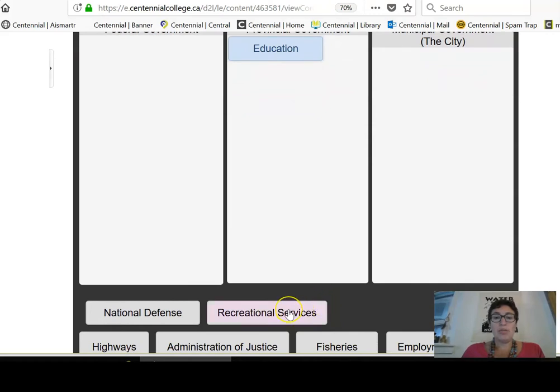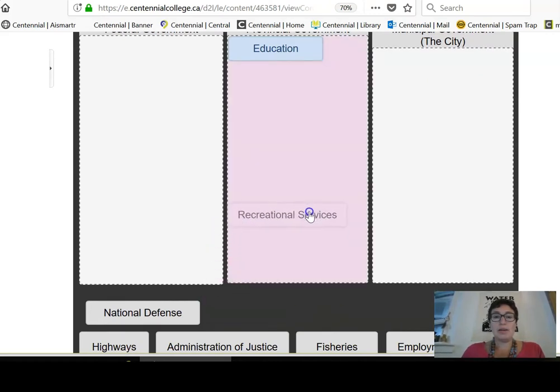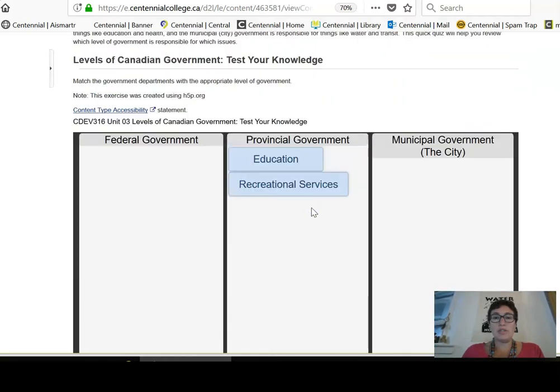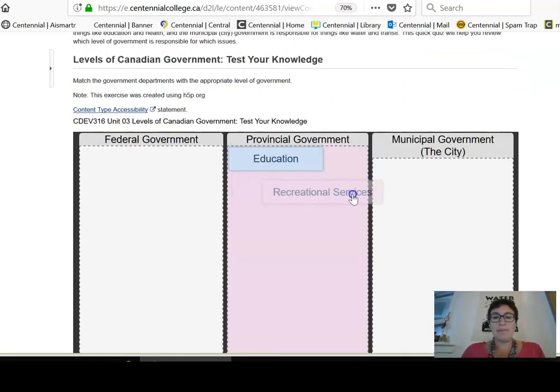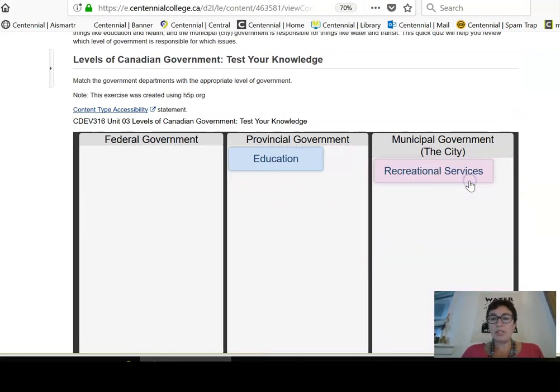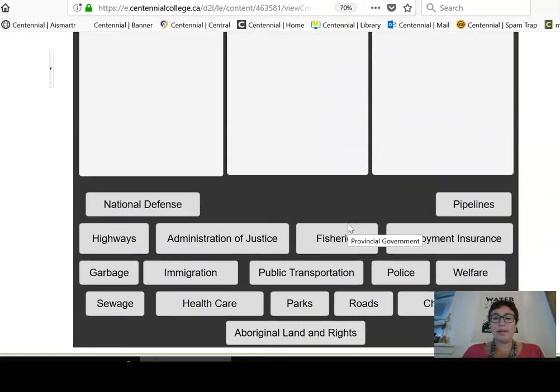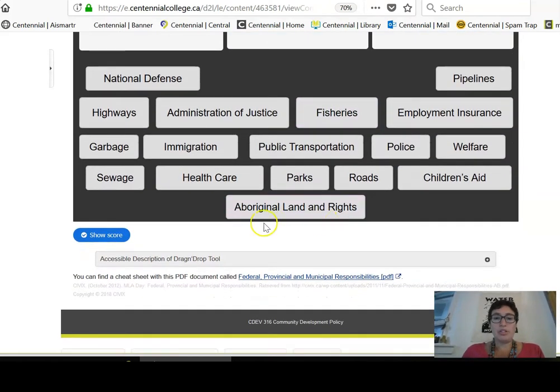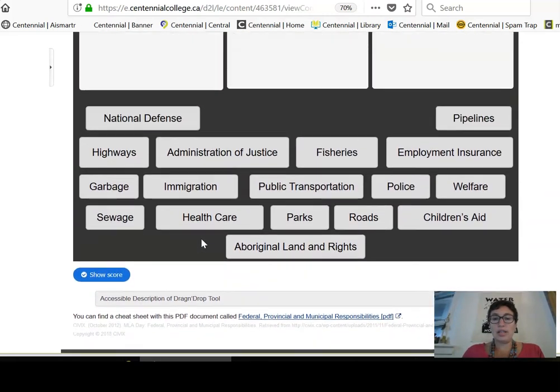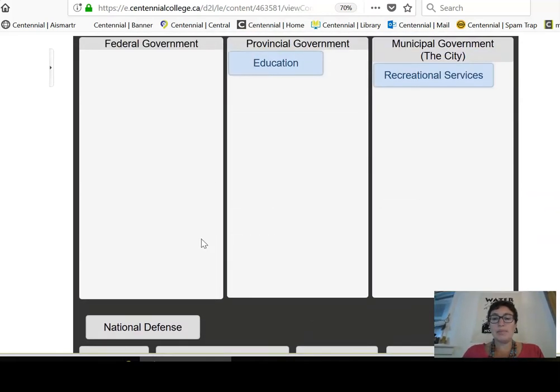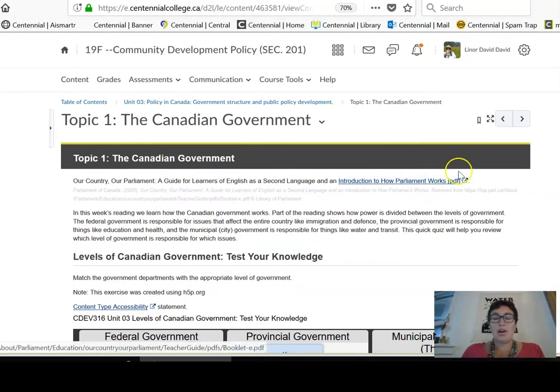So say you are thinking about recreational services, and you think, oh, maybe it's the Ontario government who does recreational services. No, it's the municipal government who does recreational services, and then you'd be right. So once you're done doing that, you'll show the score and you'll see how you did on learning the responsibilities of government.